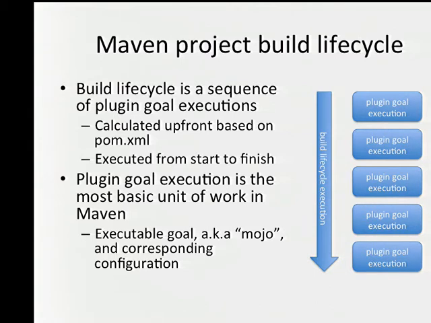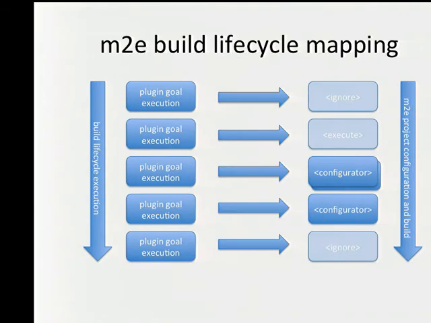And because of that, the approach m2e took to decide what to do with the project when it is imported into Workspace is to essentially look at the project build lifecycle and map every plugin execution to one of three actions. m2e can either ignore the plugin, which is the easiest one, it can delegate to an extension, and it can also execute the Maven plugin directly.